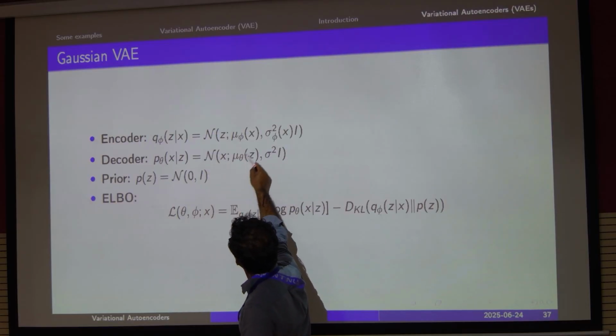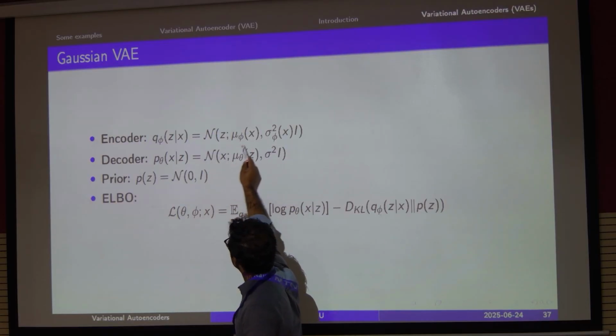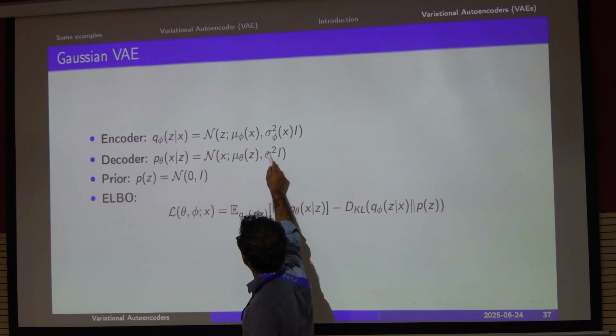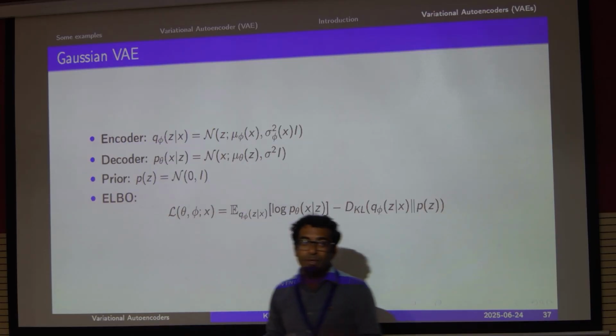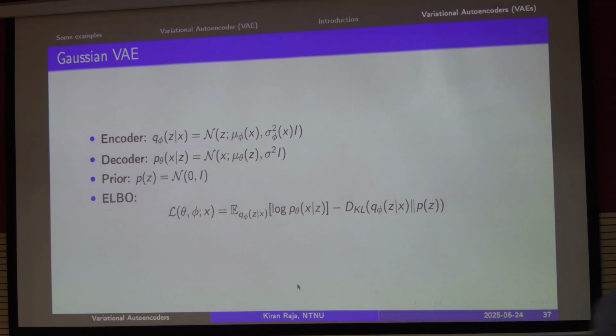Now it takes mu of z, not mu of x, and we want to come back to this space. The prior is the assumption that everything follows a normal Gaussian distribution, and then we plug in the same formula that we had before, just adapting it to this particular context. So the base formula, the loss function, is not changing at all.